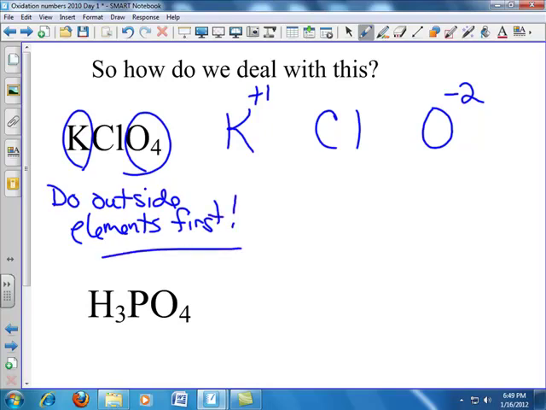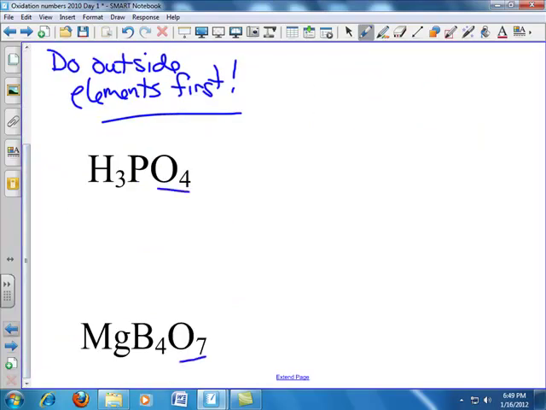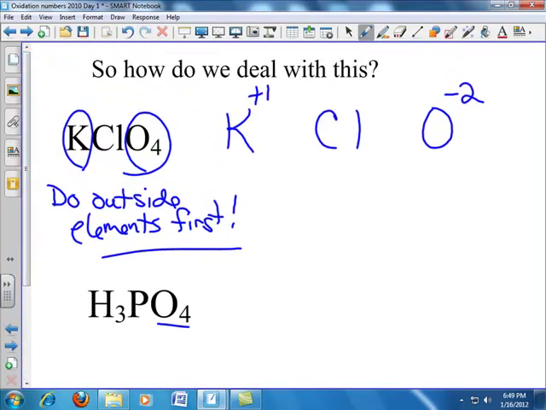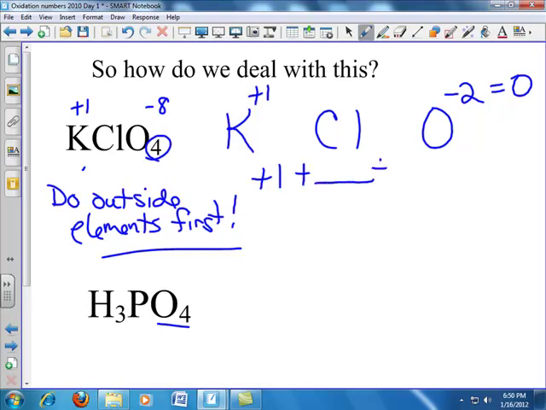Always do the outside. And one of the things that you're going to see, there's always oxygen in them. So that's going to help you because we always know what oxygen is. But remember, we have to equal 0. So in this compound, I have 1 potassium that's a +1, and I have 4 oxygens, each at -2, so that's a -8. So +1 plus some number plus a -8 has to equal 0. So what does this chlorine have to be? +7.